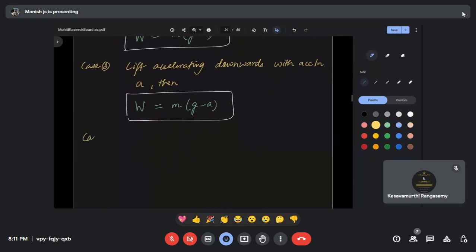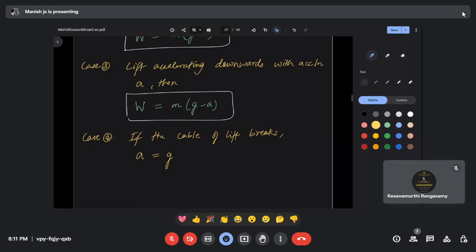Okay. Next, case 4. Additional case. If the cable of the lift breaks, you will consider the lift to be a freely falling object, isn't it? When cable breaks, what happens? It is considered as object in free fall. Then the lift acceleration and the acceleration due to gravity both would be same.